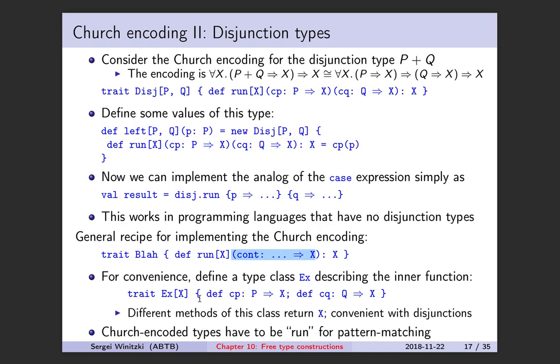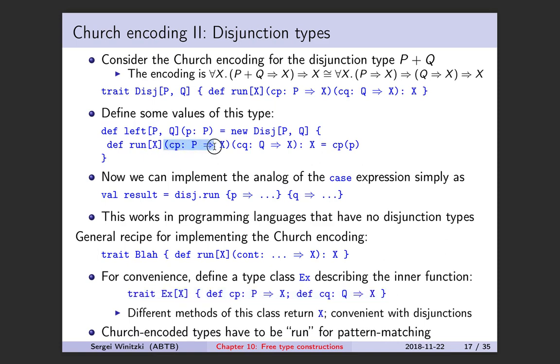And then you could say this is a value of some type. So you could even do a trait or a case class parameterized by x containing just this argument of the church encoding, just for convenience. And this is specifically very convenient with disjunctions because you could just define like this.